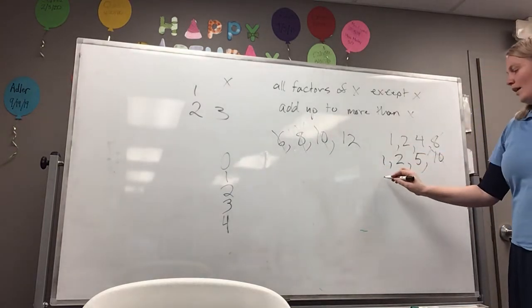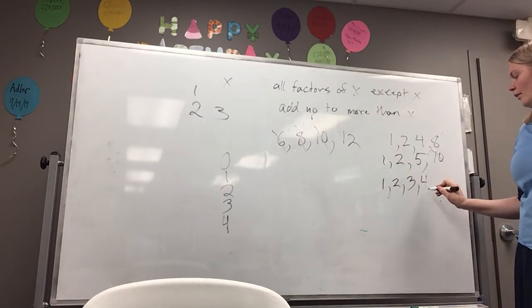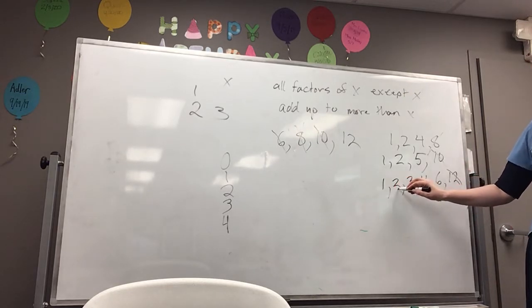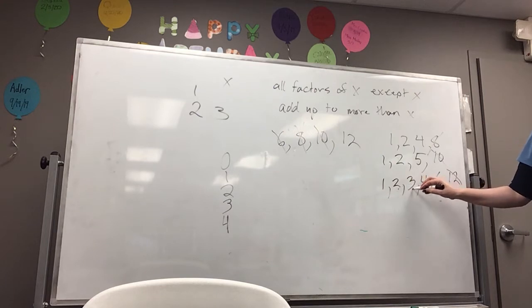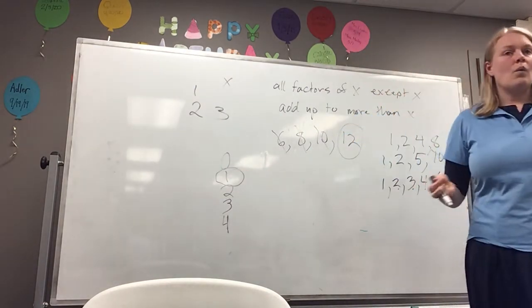For 12, we have 1, 2, 3, 4, 6, and 12. So we take out the 12. 1 plus 2 is 3 plus 3, 6 plus 4, 10 plus 6, 16. And so this one, yes, and we'd say one of them was.